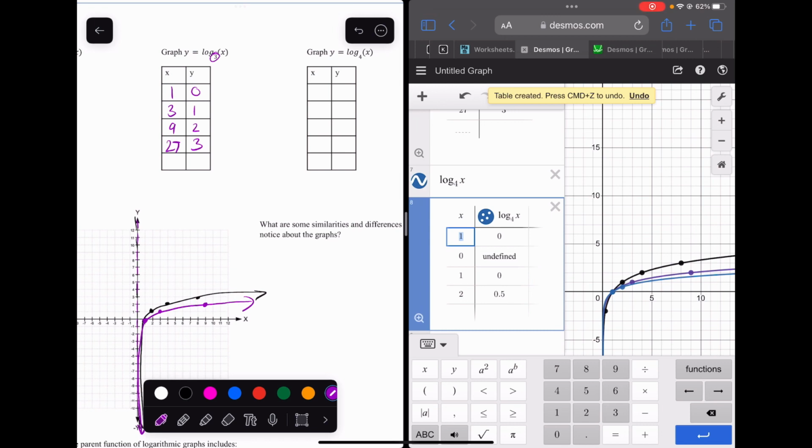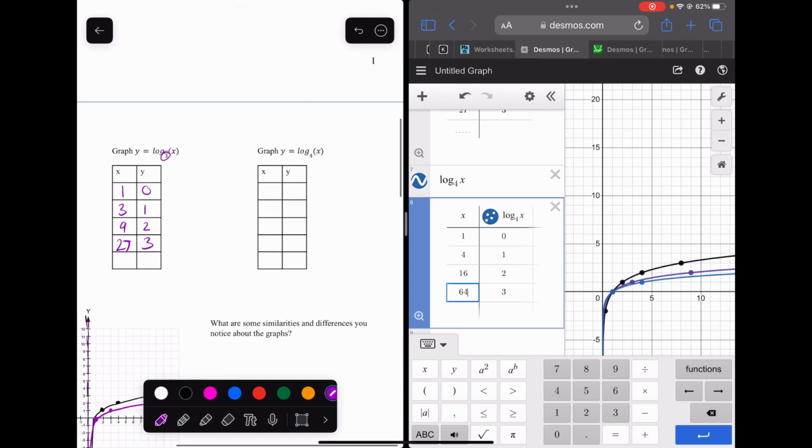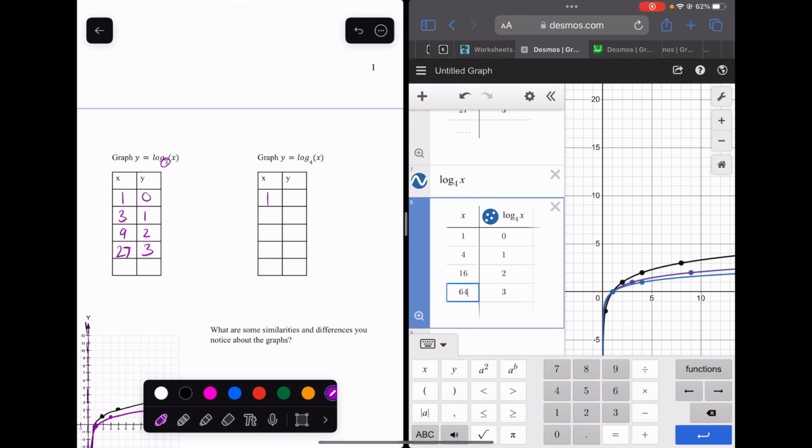Now, again, think about it: if I want to get a 1 out, it's going to be 4 to the power of 1, which is 4. 4 to the power of 2, which is 16. And then, I don't even know what 4 cubed would be. Was that 64, right? 16 times 4? Yes. So this would be 64. All right. So we get our 1, 0, 4, 1, 16, 2, and then 64, 3.